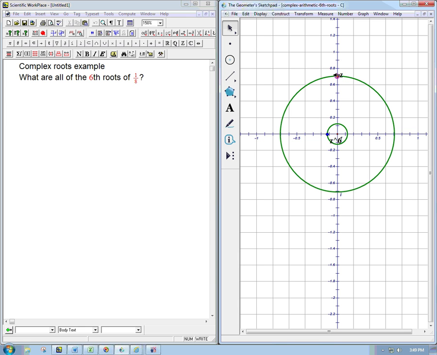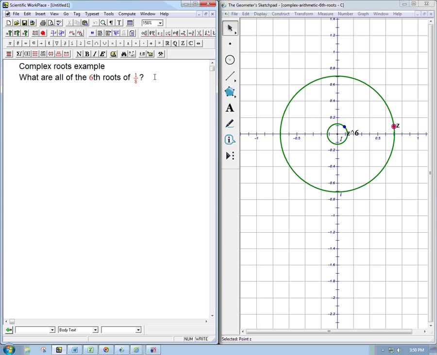If I go another 60 degrees, pi over 3, then z to the 6th comes back again. If I go another 60 degrees, oh, hey, that's a negative number. Okay, so that's going to give you a plus or minus. And again, there's going to be 6 different answers to this problem.